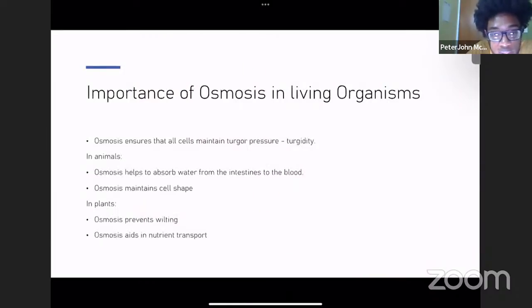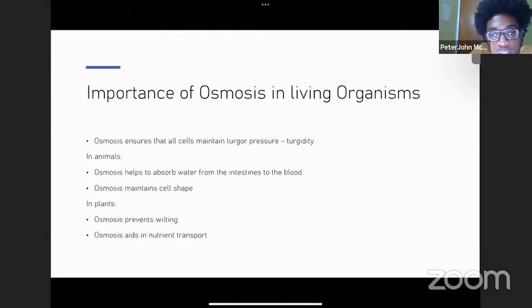I saw a question like this, so just pay attention. Osmosis ensures that our cells maintain turgor pressure, turgidity. In animals, it helps to absorb water from the intestine to the blood, from the intestinal cells anyway. It helps maintain cell shape. In plants, it prevents wilting and aids in water transport.